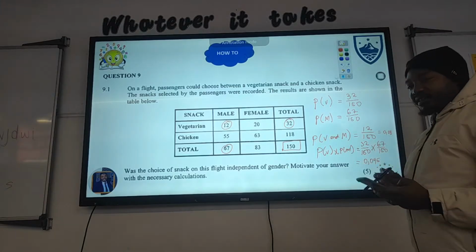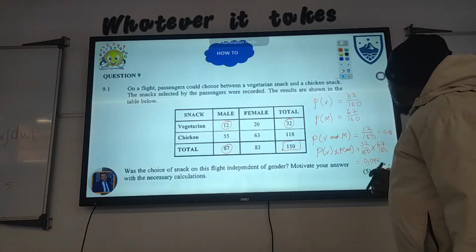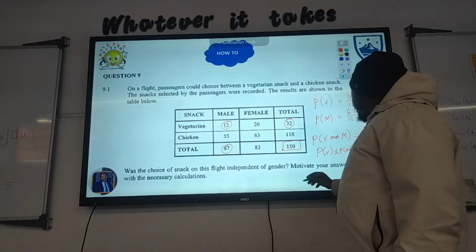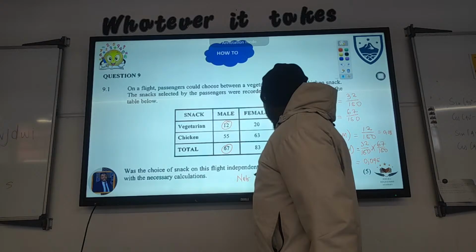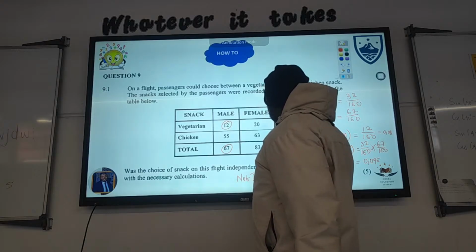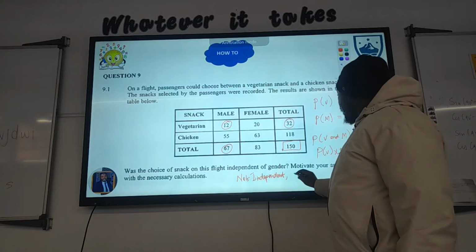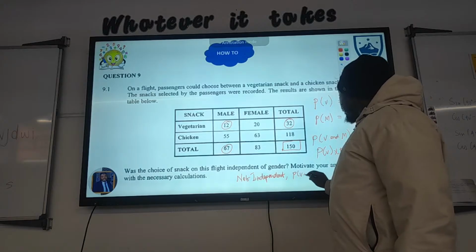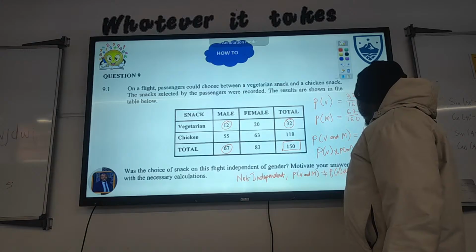Pretty close, but significantly different. But yeah, they're pretty close. So we can say these are not independent. If they ask you to show by calculation, you can also say P(V and M) is not equal to the probability of V multiplied by the probability of being a male.